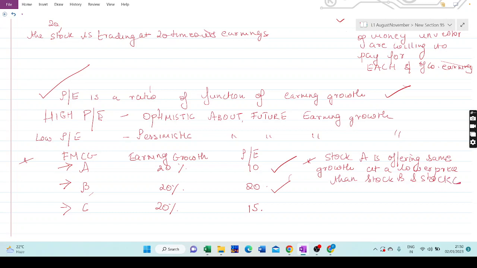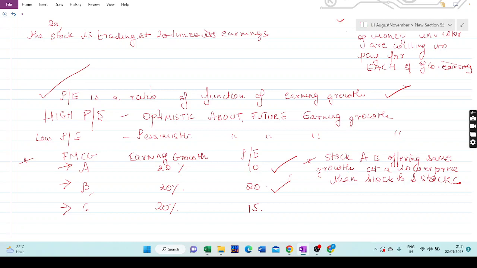So if we compare companies within the same industry and with the same earning growth, the stock that trades at a lower PE is undervalued, the stock that trades at a higher PE is overvalued, right? We are paying only $10 to buy 20% growth when we buy stock A, but we have to pay $20 to buy the same growth when we buy stock B. So stock A is offering more growth at a lower price.